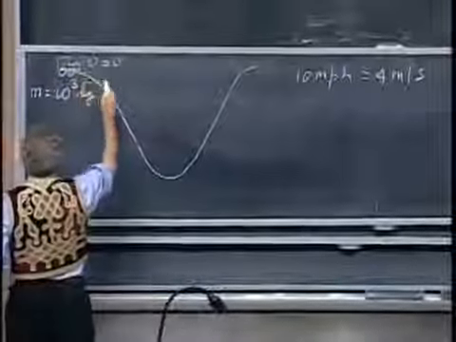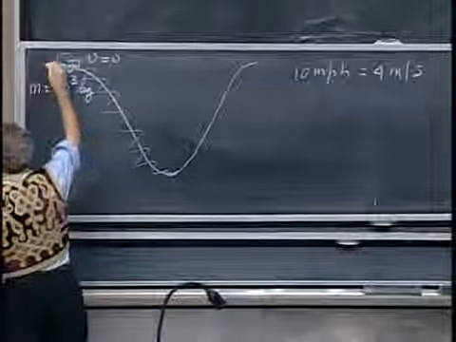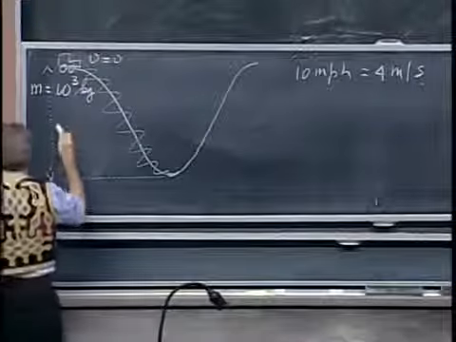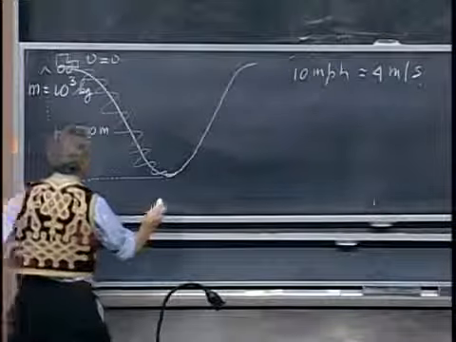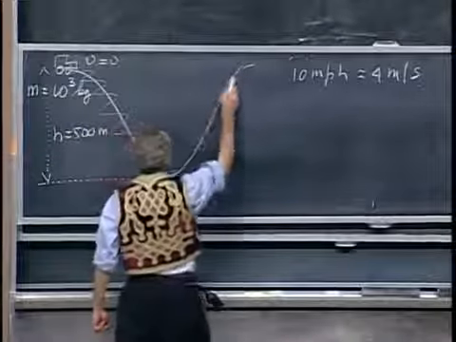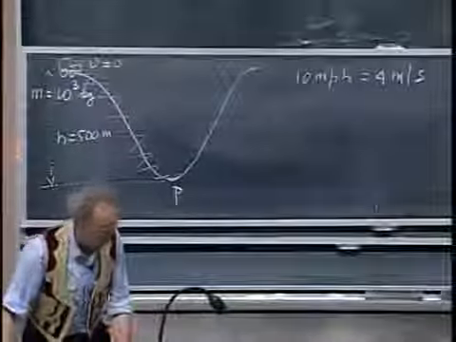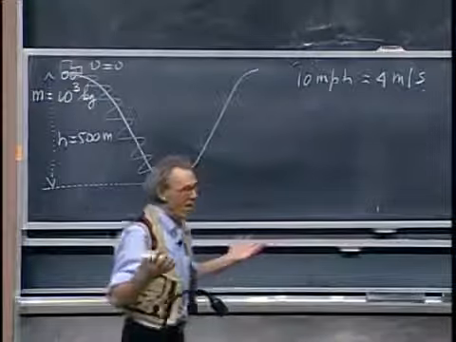And so you zigzag down this road. Let us assume that the height difference, h, let's give it a number, 500 meters. You arrive here at point P, and you later have to go back up again. What is your kinetic energy when you reach point P? Well, you have a speed of 4 meters per second.